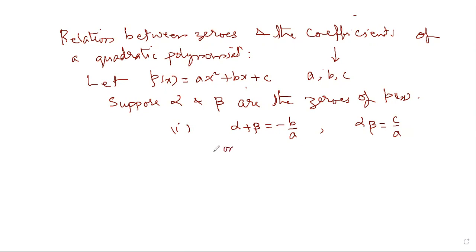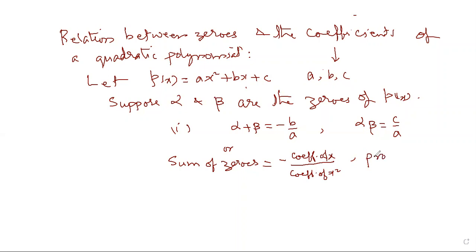We can say in language that the sum of zeros is equal to minus b upon a, where b is the coefficient of x and a is the coefficient of x². Similarly, this is the product.